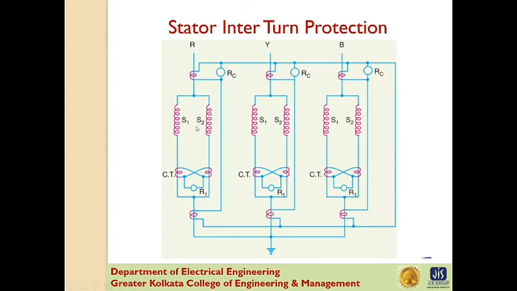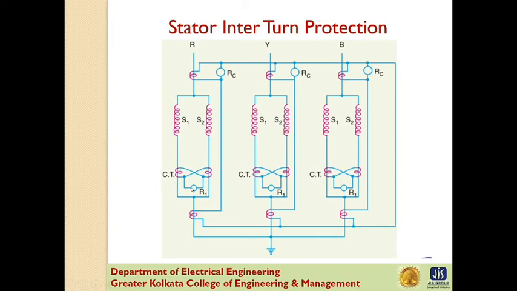Two current transformers are connected on the circulating current principle. Under normal operating condition, the currents in the stator windings S1 and S2 are equal and so will be the currents in the secondaries of the two CTs. The secondary current round the loop is then the same at all points, so no current flows through the relay R1.